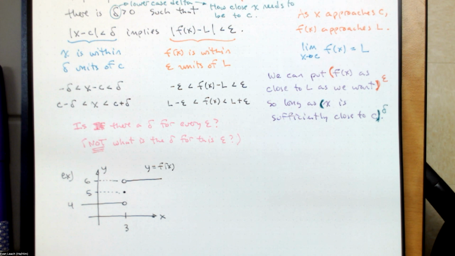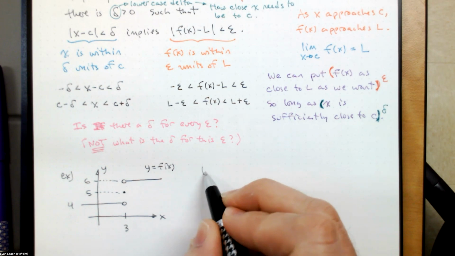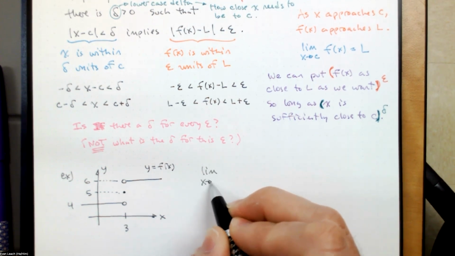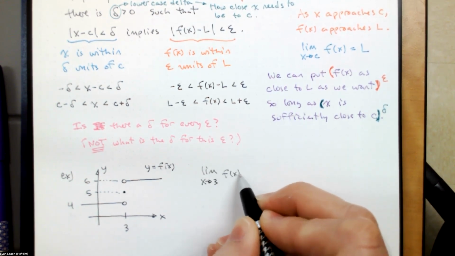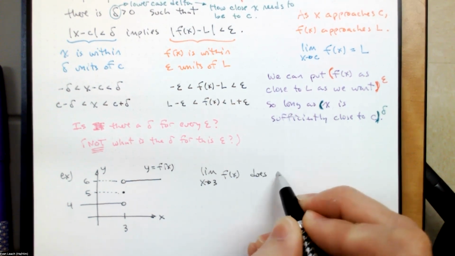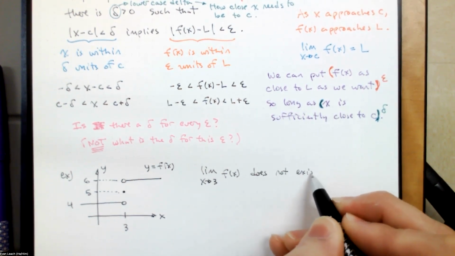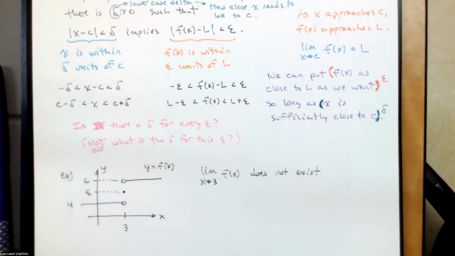F of x is not approaching a value. F of x is not getting closer to any one value as x is getting closer to c.